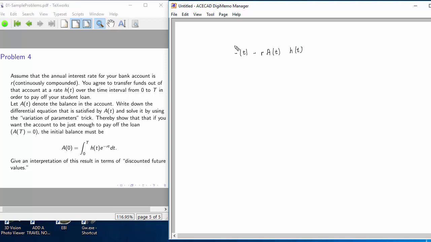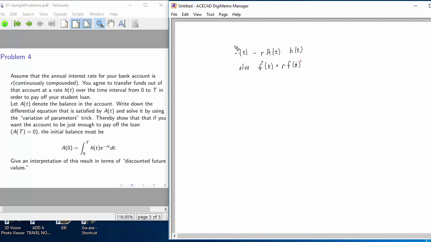Now, here's the standard trick for solving this sort of equation when you've got only first derivatives and it's linear. No powers of A, no products involving A. The trick is first you solve the so-called homogeneous equation, f dot of t is equal to r times f of t.